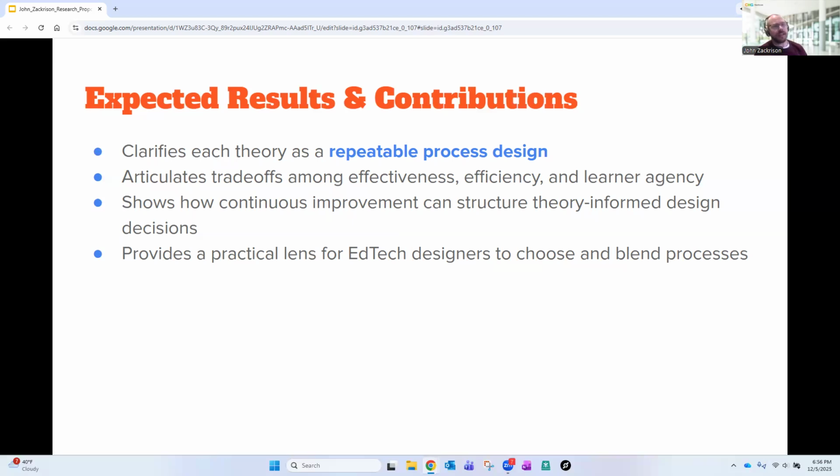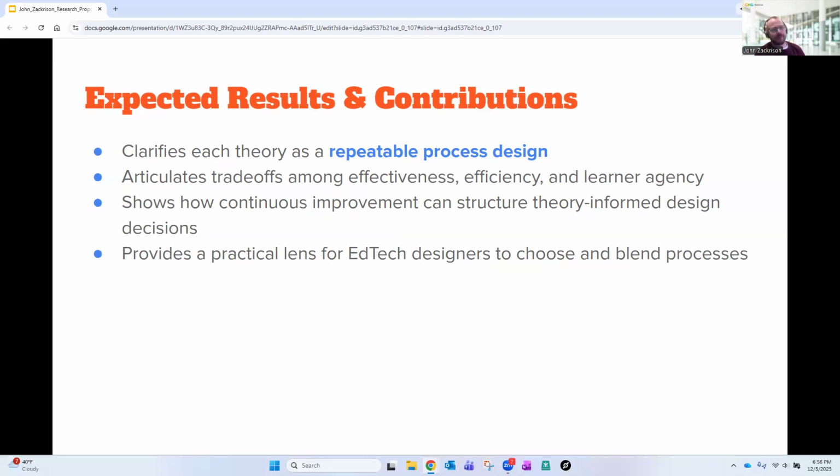Third, the study shows how continuous improvement concepts can structure design decisions. So instead of choosing a theory once and for all, teams can define a process explicitly, measure how it performs, and then use PDSA cycles to adjust the process over time. Hopefully, the point is you're getting better over time.